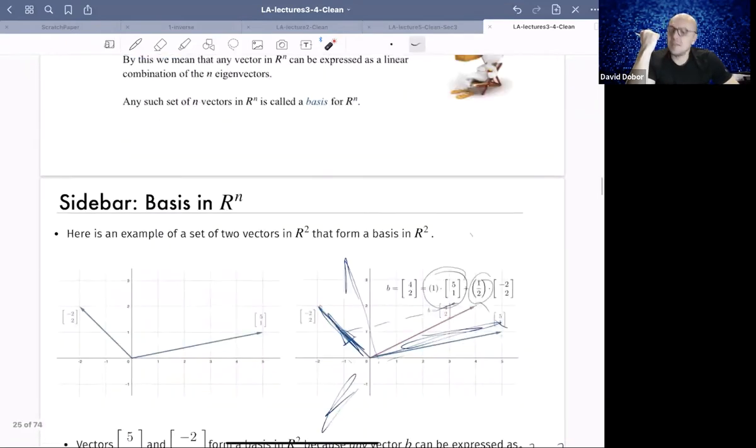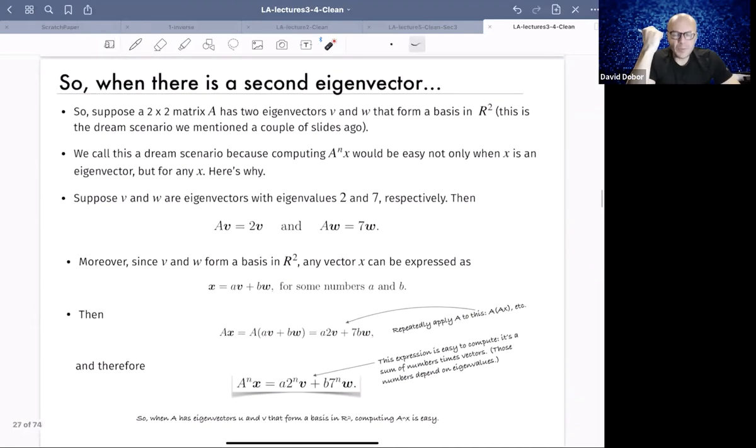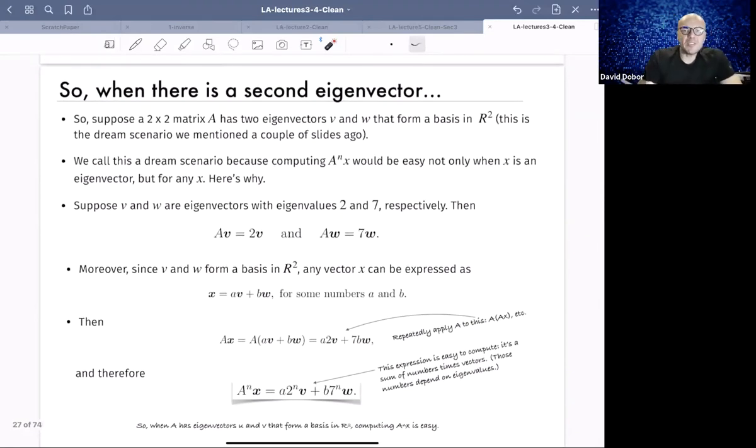So let's talk about this for a second before we move on. So suppose you have a situation like the one we just described. You have a matrix A. That matrix A, suppose, has 2 eigenvectors. One of those eigenvectors is called V, the other is called W. And they correspond to the eigenvalues 2 and 7 respectively.